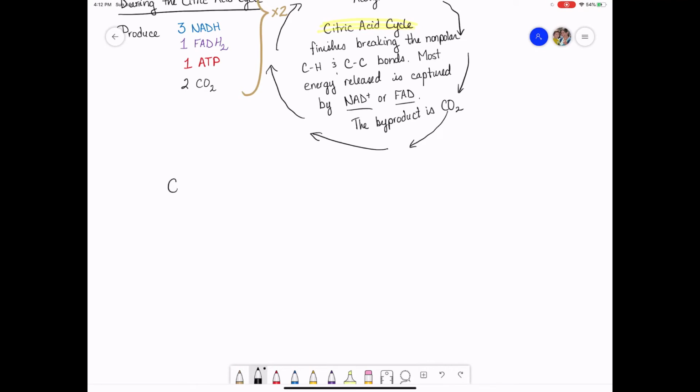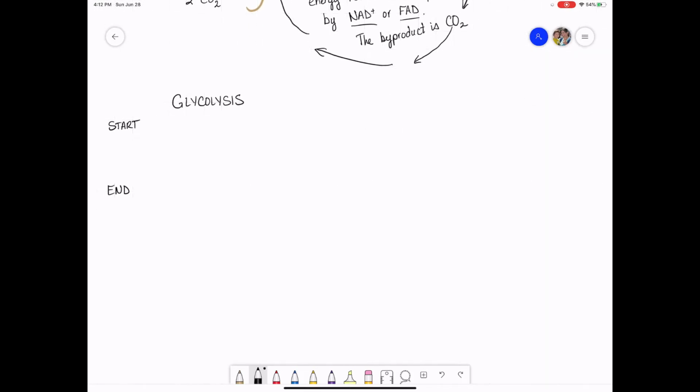All right, let's synthesize everything together that we've covered so far and do some bookkeeping of glycolysis and the citric acid cycle. So go ahead and copy this table down. We're going to do the starting reactant, the ending product, and what we got out of that stage of aerobic respiration.